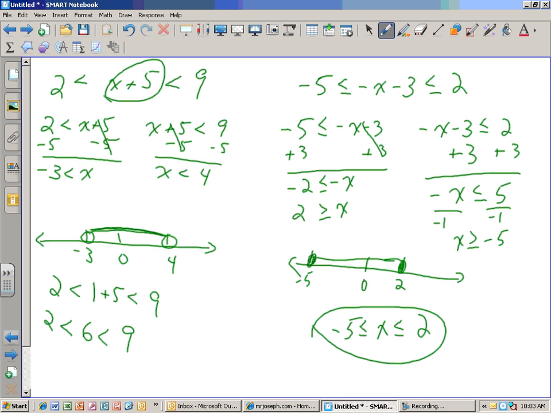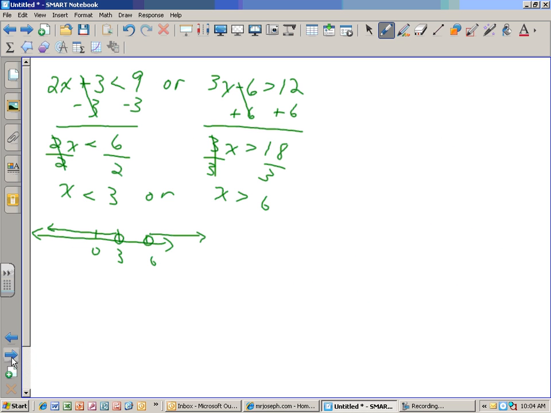This is how we write an AND statement when it's between two numbers. And this is how we write an OR statement. You have to actually write the word OR. You cannot write it as between two numbers, because it's not an AND statement. You just show it in the graph.